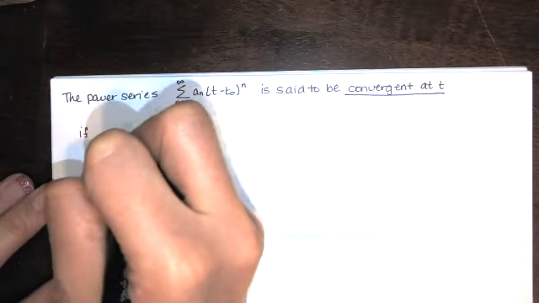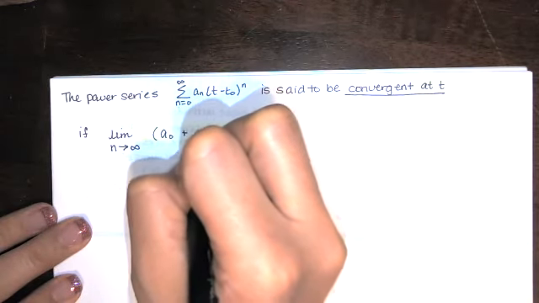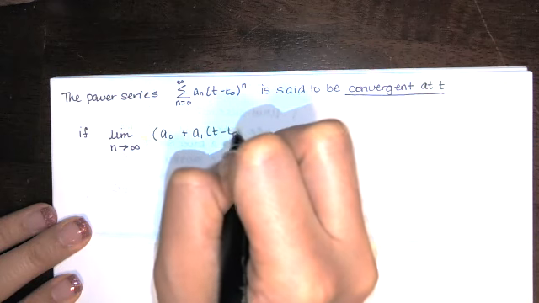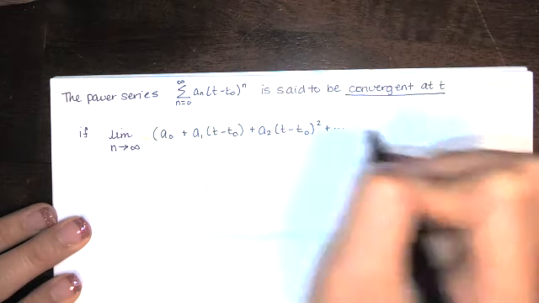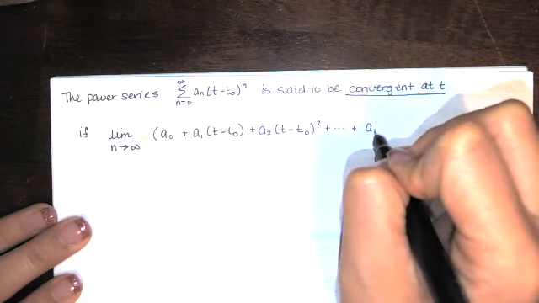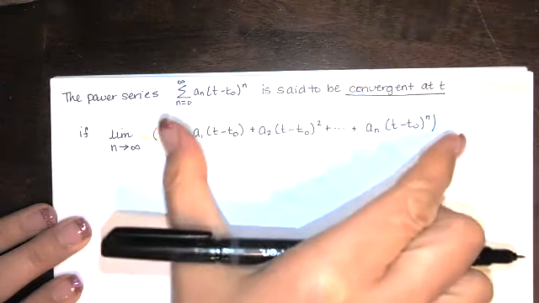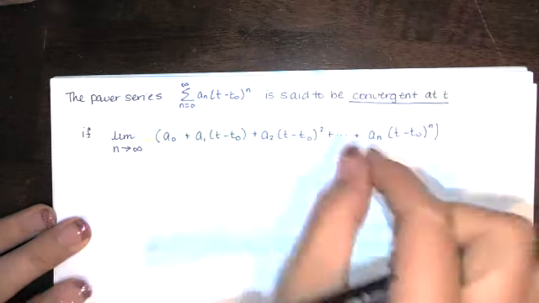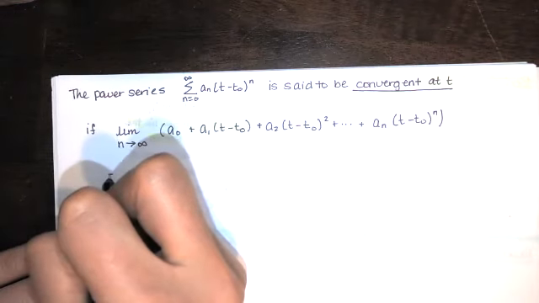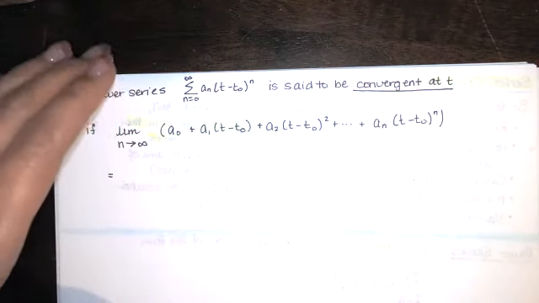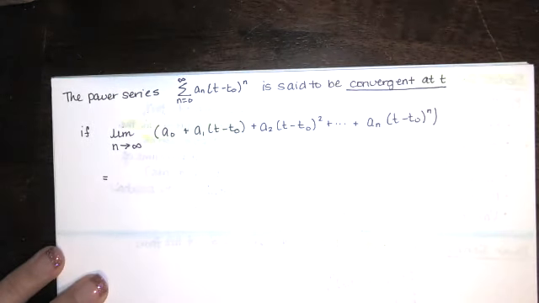If the limit as n goes to infinity of a sub 0 plus a sub 1 times t minus t naught to the first plus a sub 2 times t minus t naught squared, and so on. This is the sum of the first n terms. We're going to stop at a sub n times t minus t naught to the n. If I take the limit of that as n goes to infinity, as if I'm adding infinitely many terms here, if that limit exists as a function of t, then we call that function of t the sum of the series.